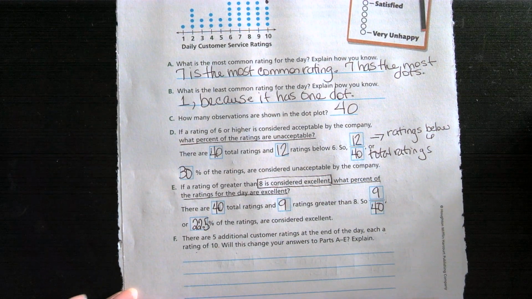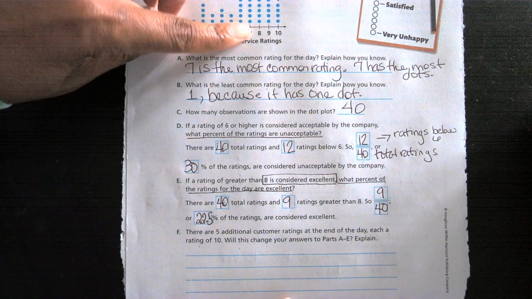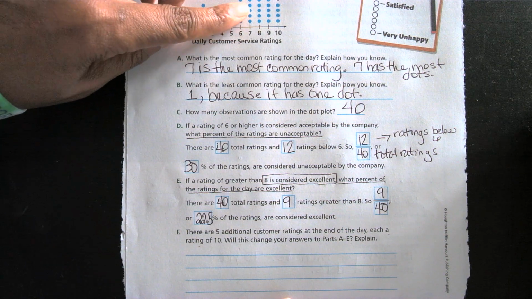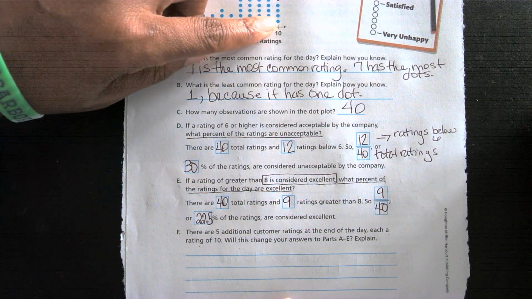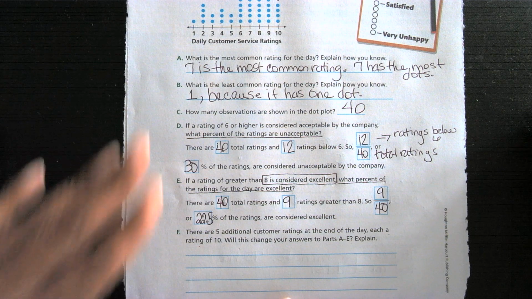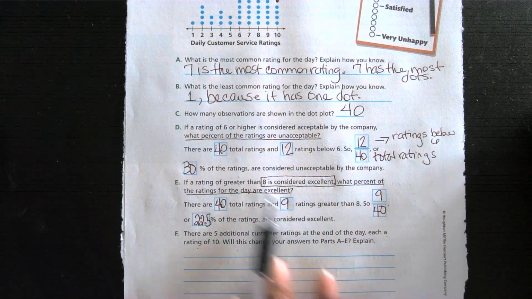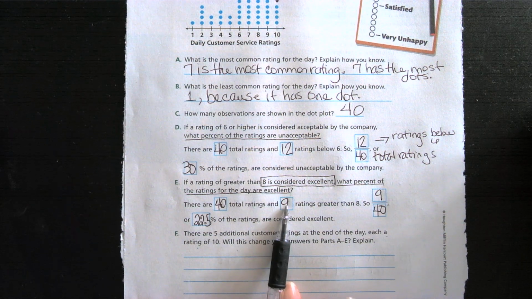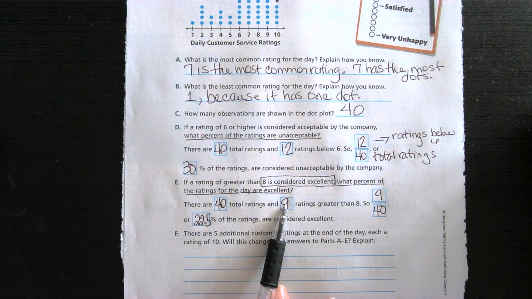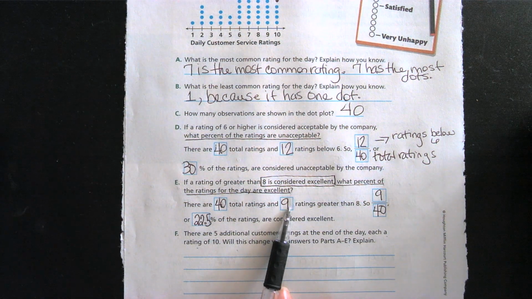And so they're asking you, is it going to change the information from A to E? It's definitely going to change the information from A to E because 7 had 1, 2, 3, 4, 5, 6, 7, 8. And now 10 has 4, 5, 6, 7, 8, 9. So instead of 7 being the highest, 10 is now going to be the highest. And as well with E, I know we had 9 that had excellent ratings, but if we add 5 more to that, we'll then have 14.